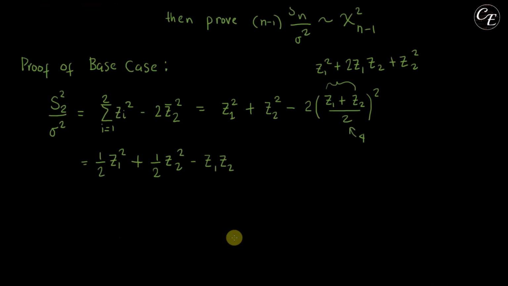Then we can extract 1/2 for each term in here, so we have here equal to 1/2 times z sub 1 squared, and then let me write this one first before this one.